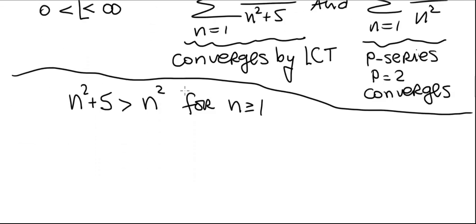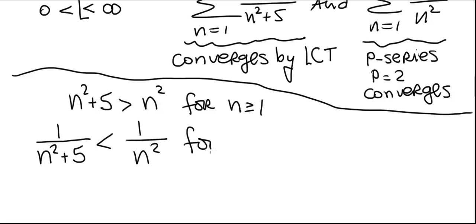Now, by using basic algebra, if we put these in denominators, 1 over n squared plus 5, since that's a bigger denominator, is less than 1 over n squared, and this is again for n greater than or equal to 1.